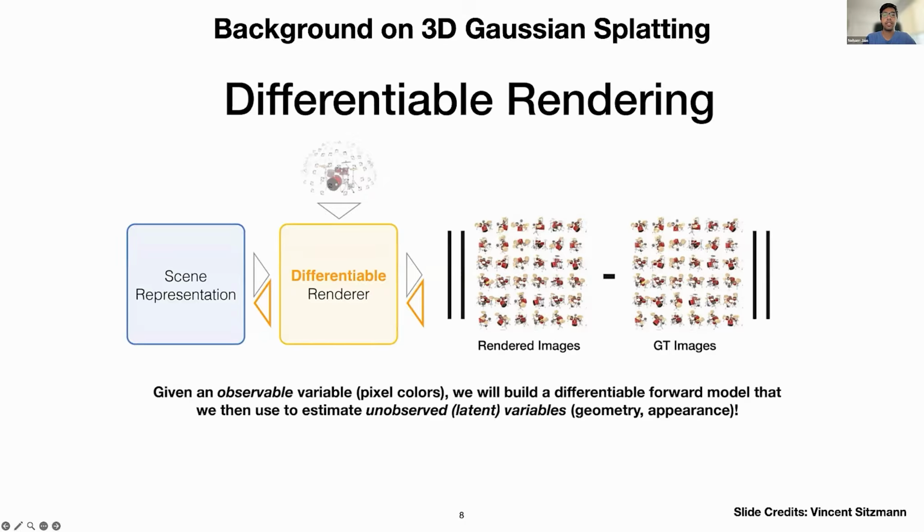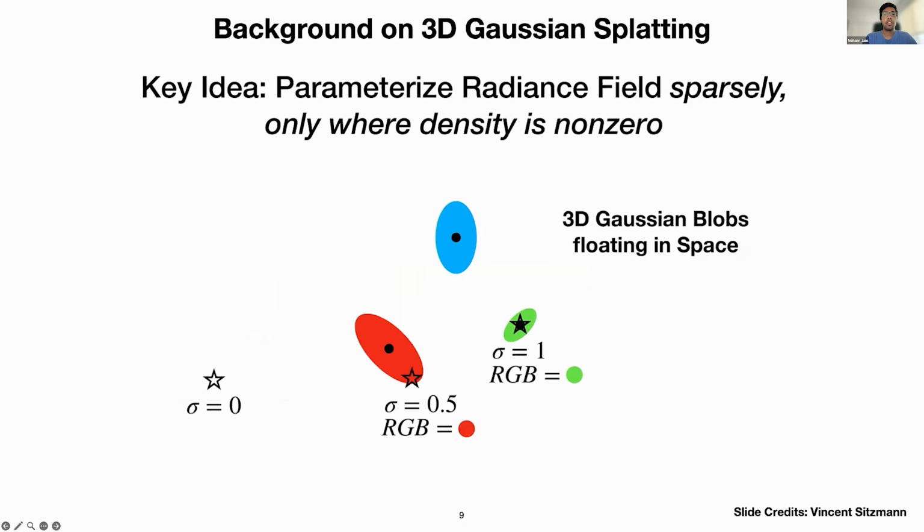the scene representation. Compared to voxel grids or neural networks, which are used in NeRF, 3D Gaussian splatting takes a more sparse approach, and it represents the scene only at locations where there's actual content or non-zero density, using a set of 3D Gaussian blobs. Each Gaussian has a position, a size, a shape, and a color.